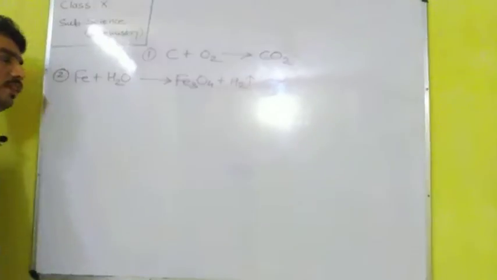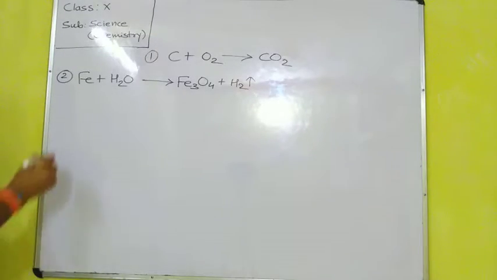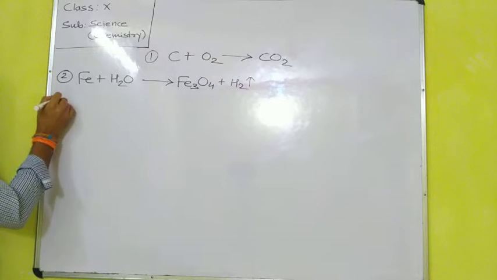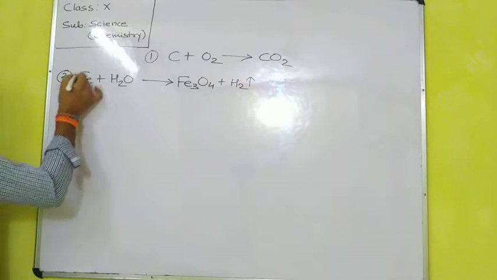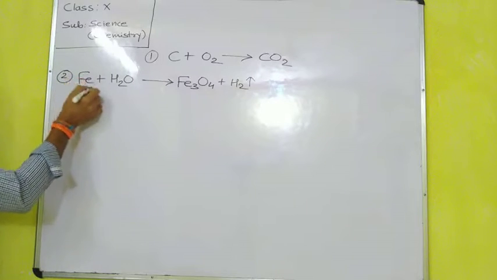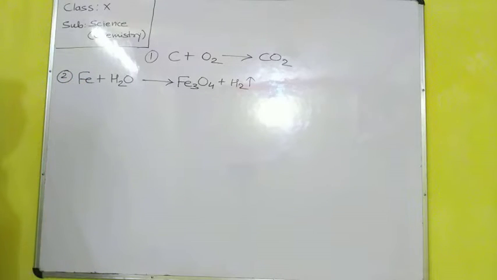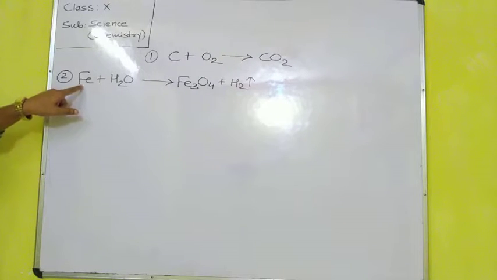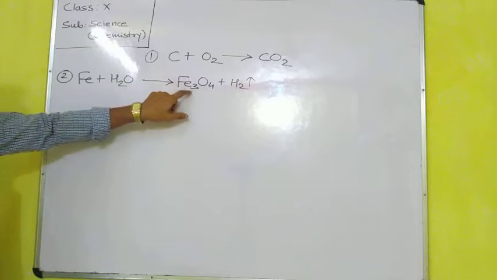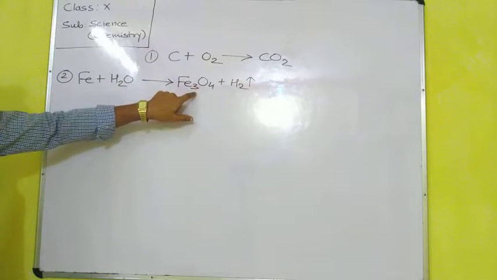So we start the balancing. In the first step, we start with the balancing of metals. Which element is a metal? Here it is iron, Fe. In the left hand side, the reactant side, 1 atom of Fe is present, and in the right hand side, the product side, 3 atoms of Fe are present.